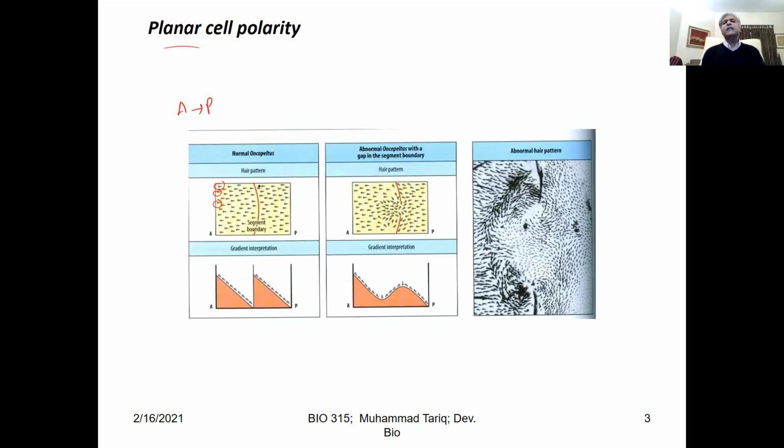If there is disturbance in the compartmental boundary, which is this red one, the cells lose their polarity. Cells simply get disoriented, and the symmetrical development of the body pattern is completely messed up. Due to disturbance of this compartmental boundary, you lose not only planar cell polarity, but the whole pattern is disturbed.